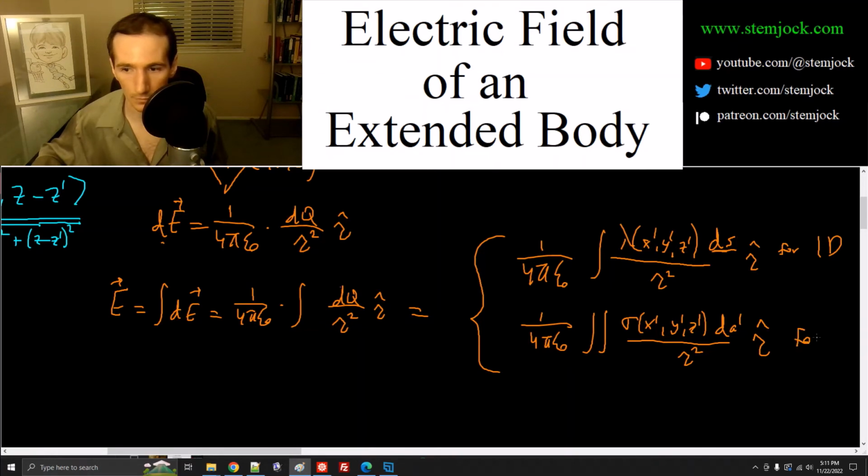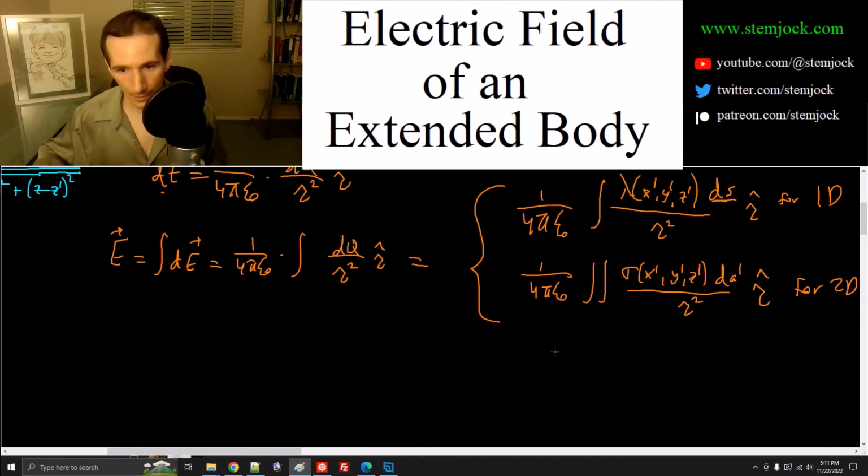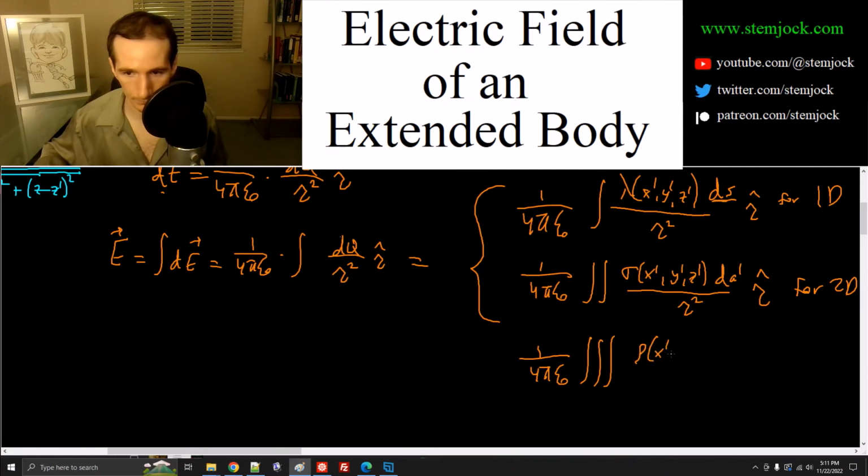So this is for two dimensions. And in three dimensions, we use a volumetric charge distribution. The typical symbol for that is rho. And we multiply it by the volume differential over r squared and then r hat for 3D.